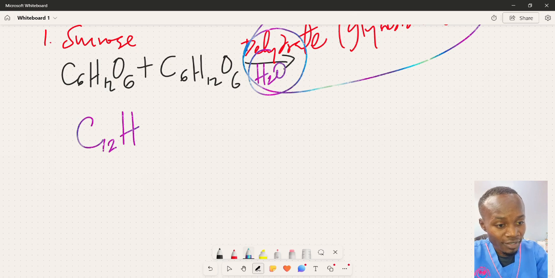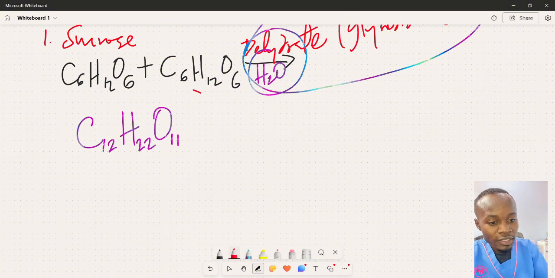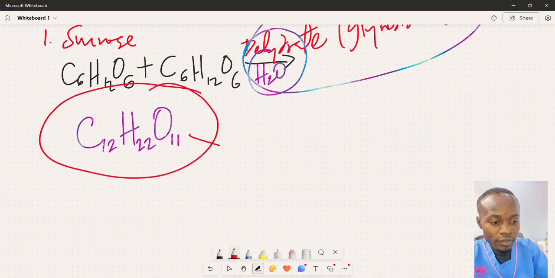H here is 12 and the other side is also 12, so that's supposed to be 24, but because we lose 2, we are going to have H22. Then O, we are going to have 6 O's plus 6 O's, that's O12, but because we have lost only an atom of oxygen, we are going to have 12 minus 1, which is 11. So whatever we have formed here is a disaccharide.